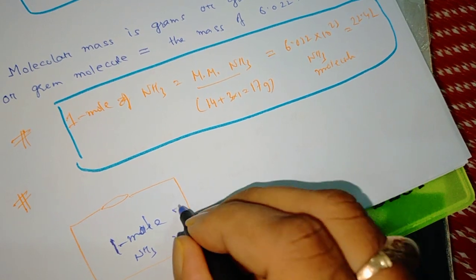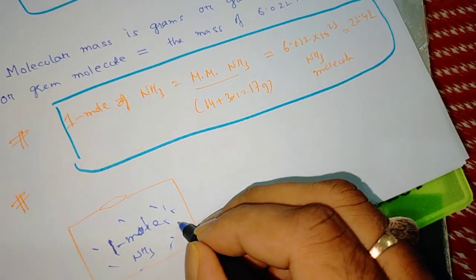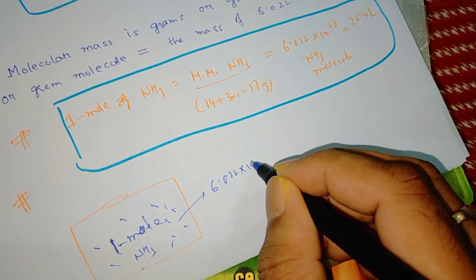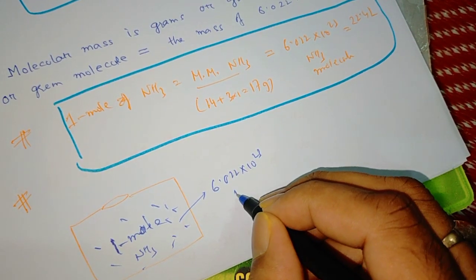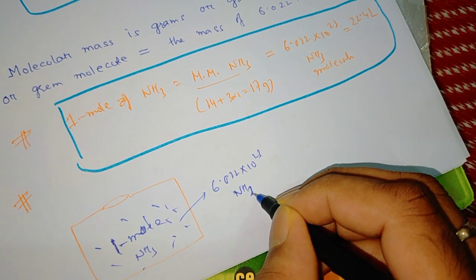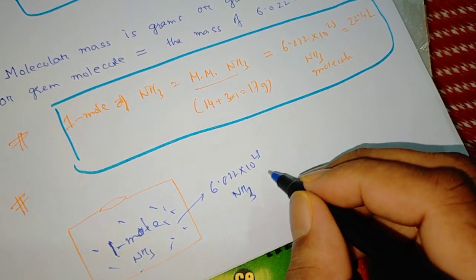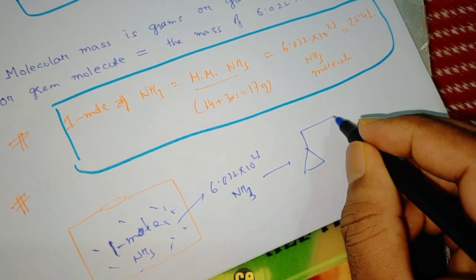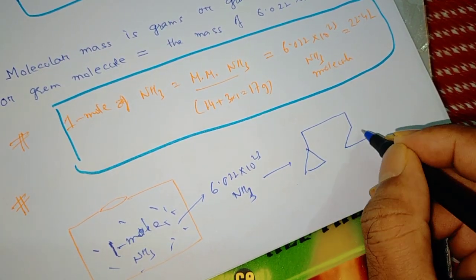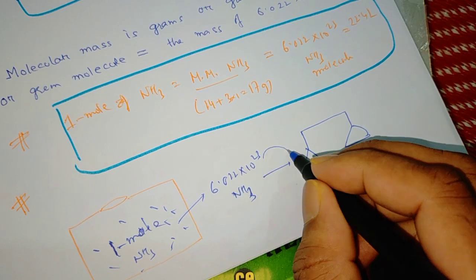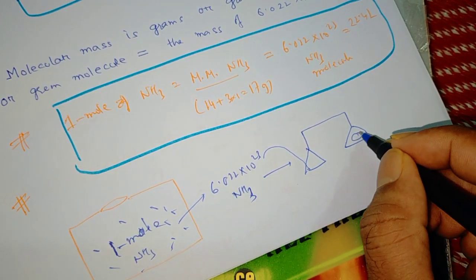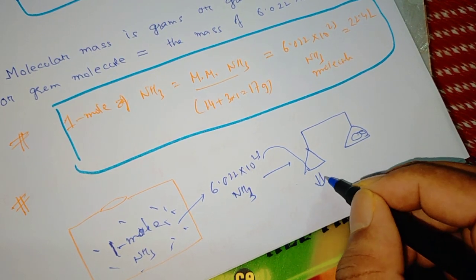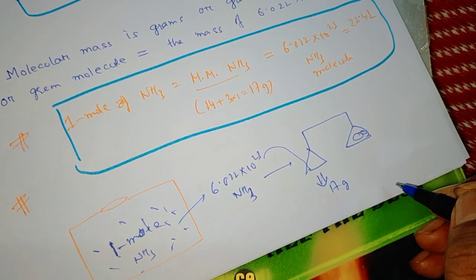Now if you count how many NH3 is there, then on counting you will get this much NH3 is there. Now if you take the weight of the same, weight of this much of number, you will get that the weight of this one turns out to be your 17 gram.